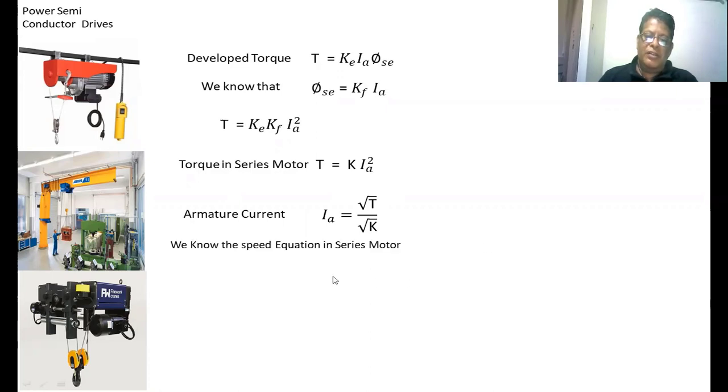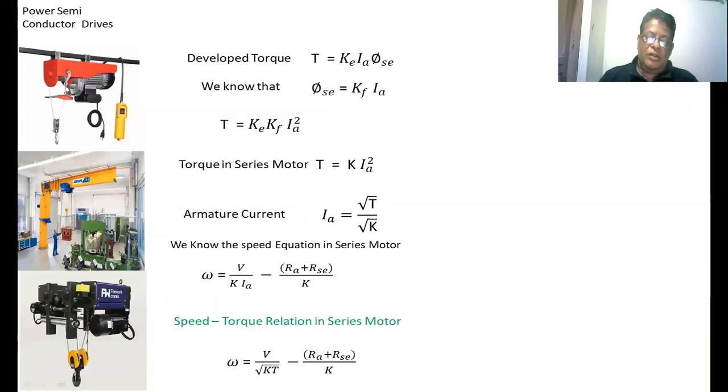We know the speed equation in a series motor: ω = V/(K·Ia) − (Ra + Rsc)/K. In place of Ia, you substitute this equation and you get the speed-torque characteristics of a series motor, where ω = V/√(K·T) − (Ra + Rsc)/K. Here K is a constant and V is also constant, so the variables are the speed and the torque developed in a series motor.